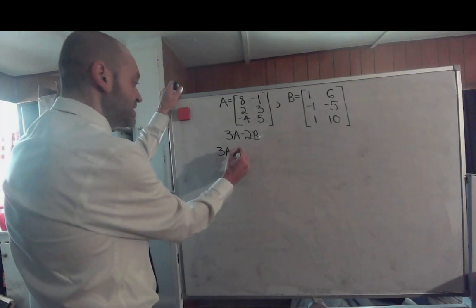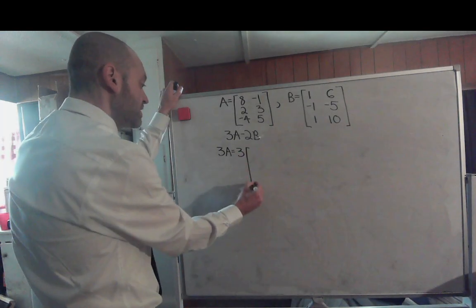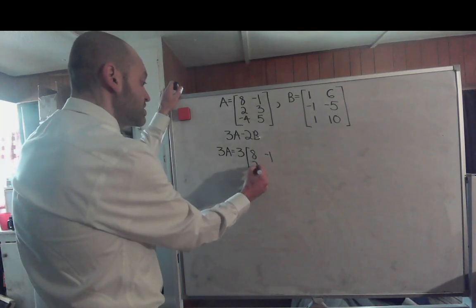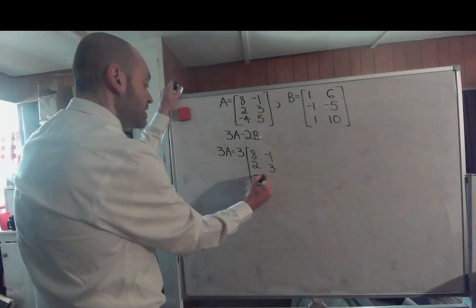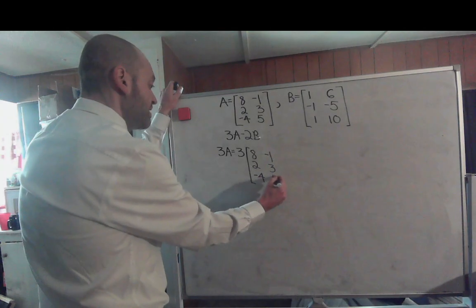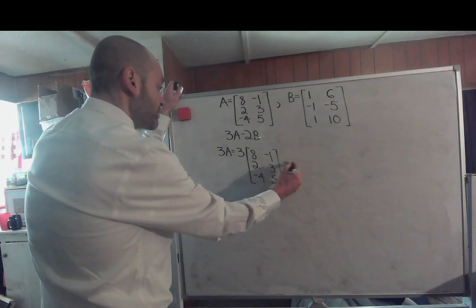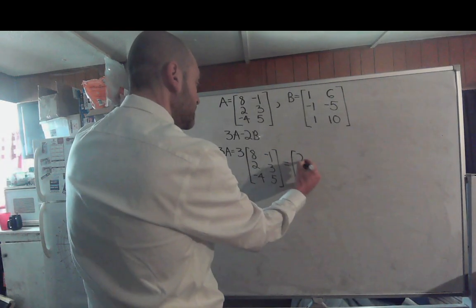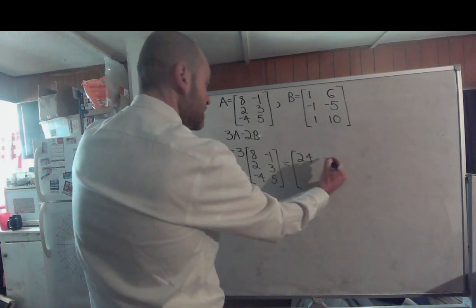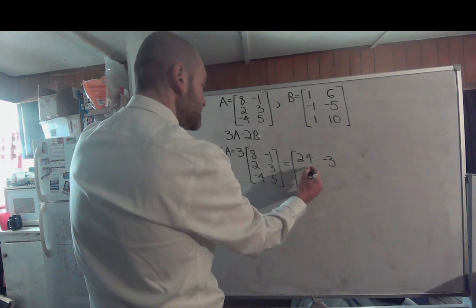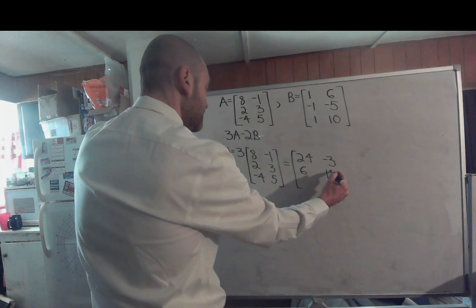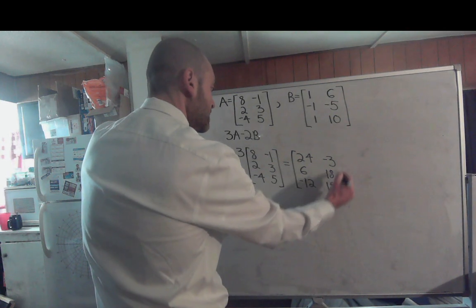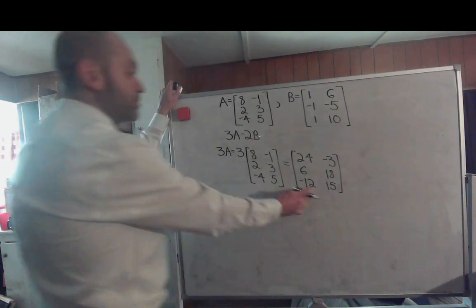That's just going to be taking 3 times all the entries in A. So 8, negative 1, 2, 3, negative 4, 5. So 3 times each of these entries is going to give you a matrix of 24, negative 3, 6, 18, negative 12, and 15. So there's your 3A matrix.